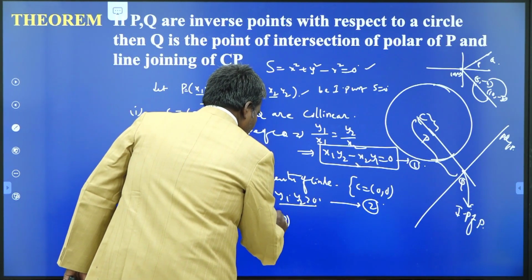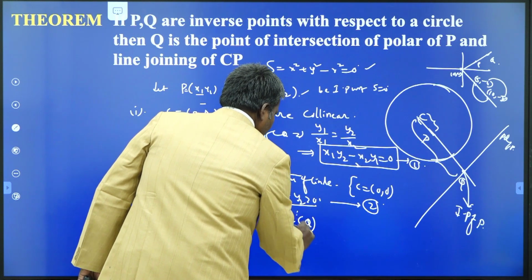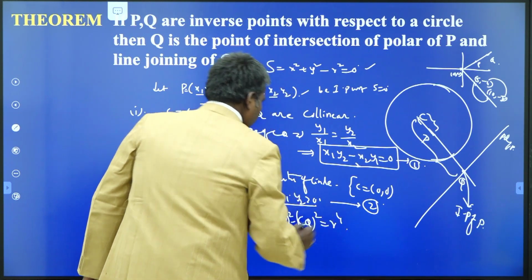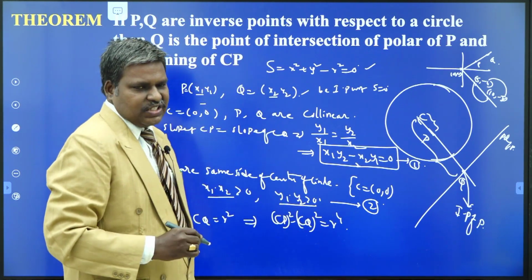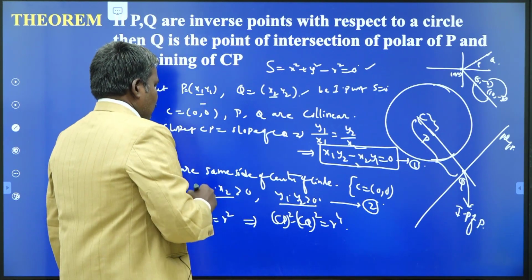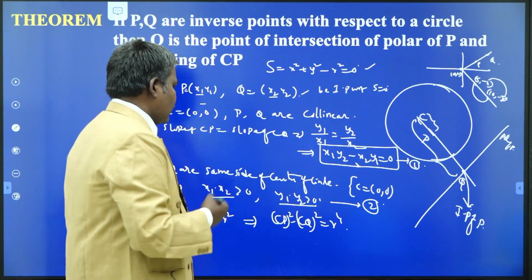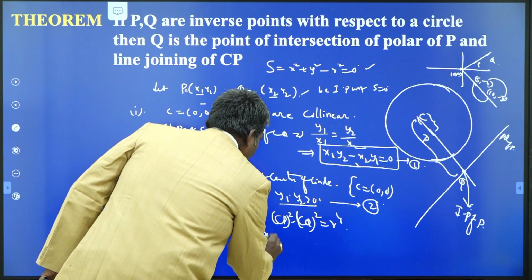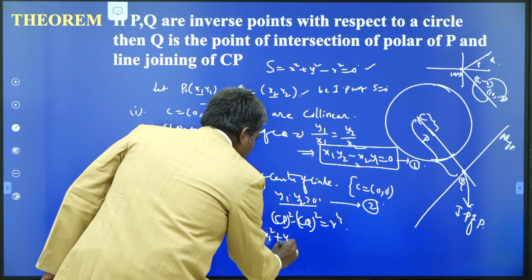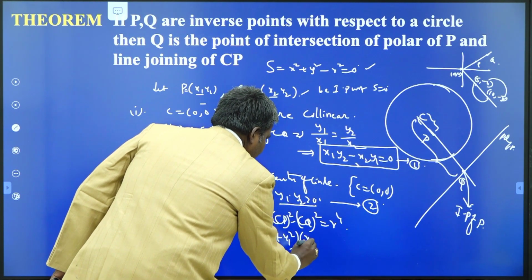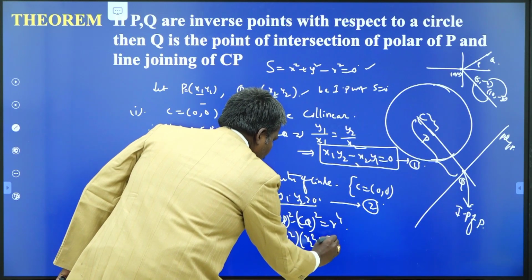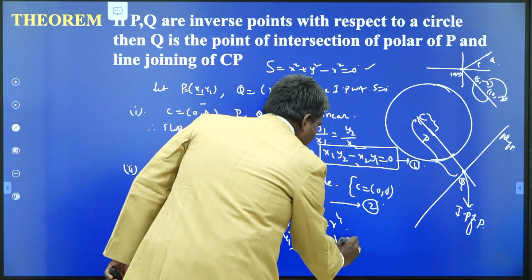Immediately, CP square into CQ square is r power 4. CP is the distance from C to P, that is root of x1 square plus y1 square. By squaring, we have x1 square plus y1 square into x2 square plus y2 square equals r power 4.